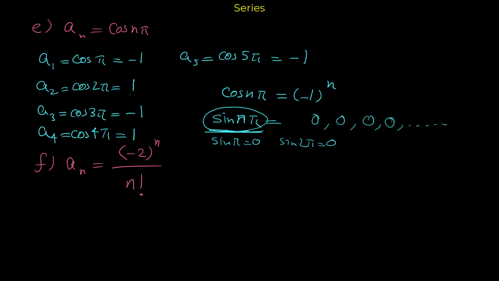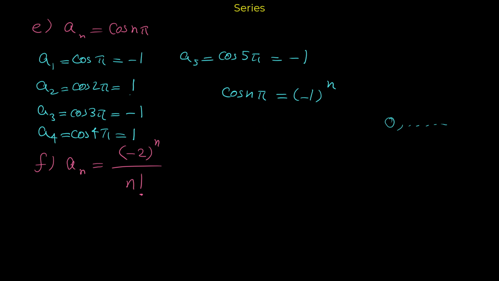Sine of any integer times pi, sine of 10 pi, 2000 pi, 3000 pi, is always 0. So all the terms of this sequence are 0, and so it approaches 0. This is different, it's a constant sequence. The thing that is important here is cosine of n pi.